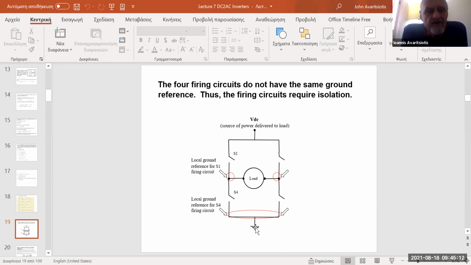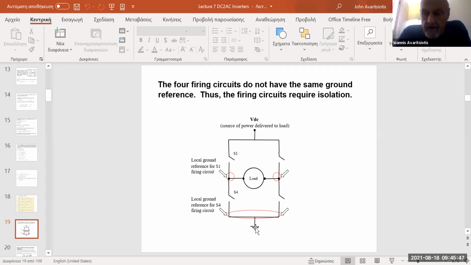In other words, we have to use a coupling transformer, an isolating transformer, with the secondary coil of which connected between the base and the emitter of this switch. And in this case, exactly the same way as the thyristors on the upper half of a full bridge controlled rectifier are turned on and off.